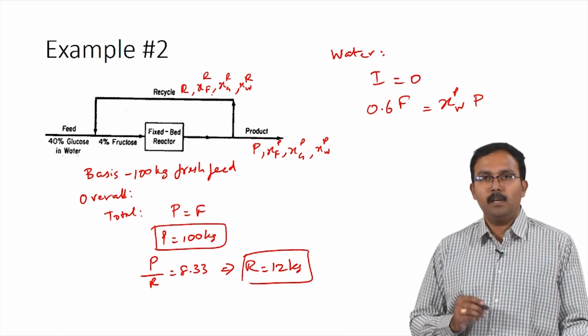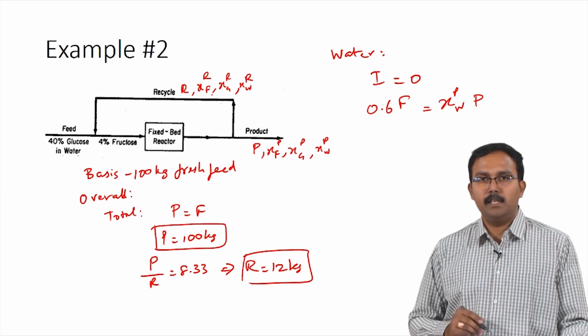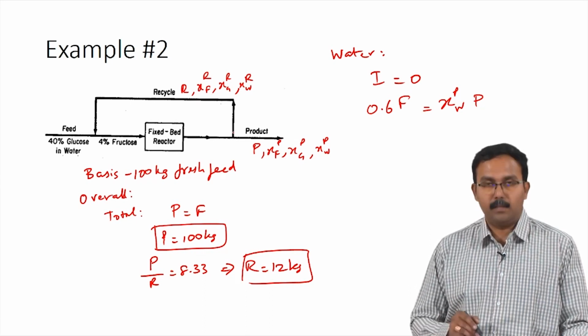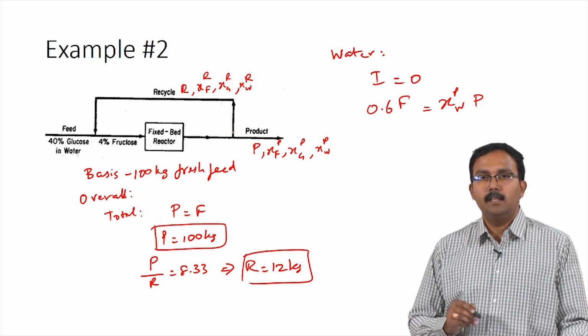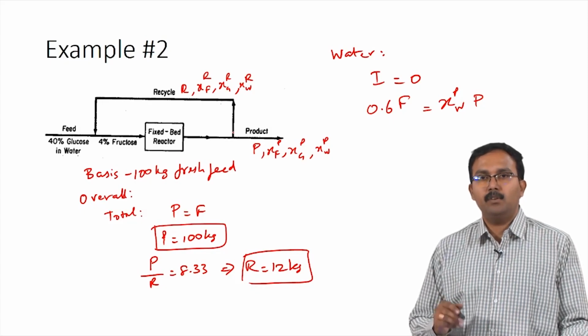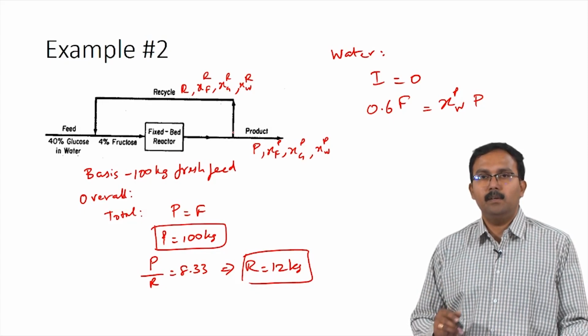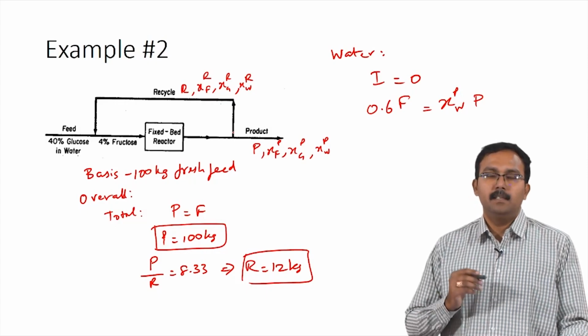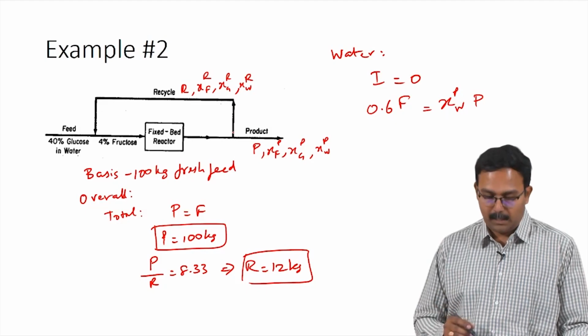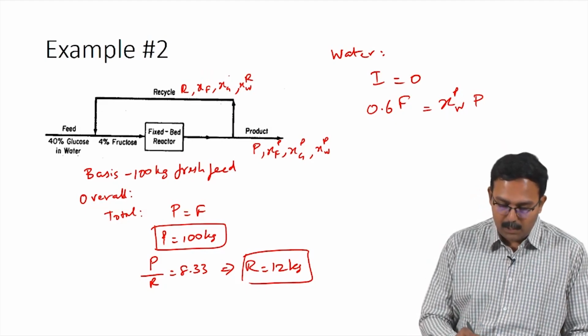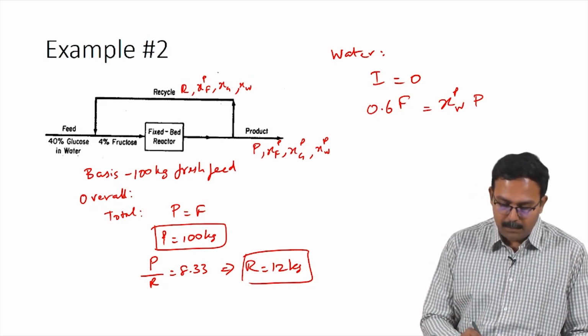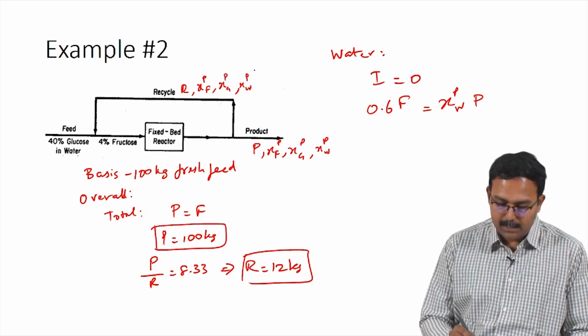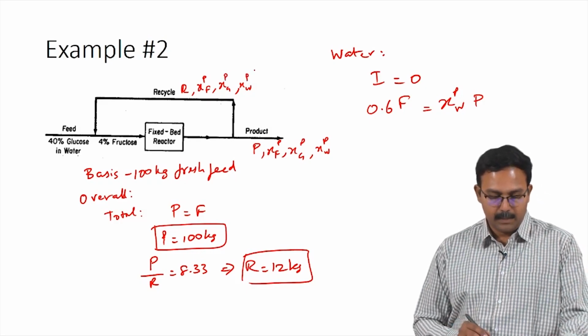However, one important information we have from the flow sheet is we do not have any separator, we only have a splitting point. This means the mass fraction of fructose, glucose and water in the recycle stream would also be the same as the mass fractions seen in the product stream. So, this means these values would also be XFP, XGP and XWP.